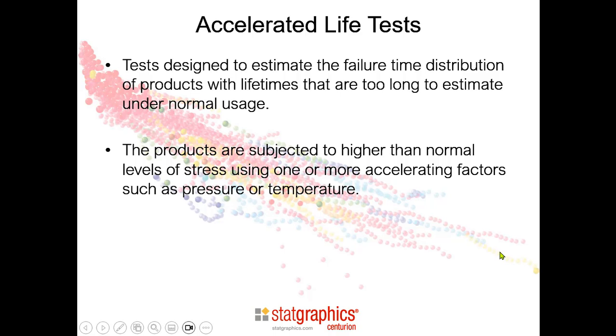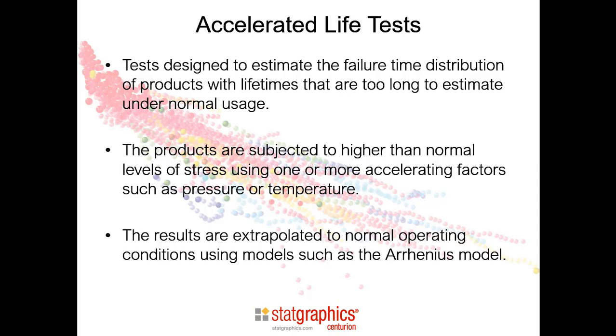The products are subjected to higher than normal levels of stress using one or more accelerating factors, such as pressure or temperature. The results are then extrapolated to normal operating conditions using models such as the Arrhenius model.